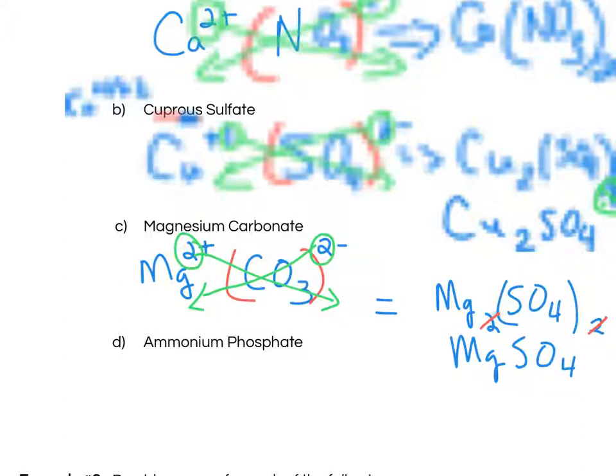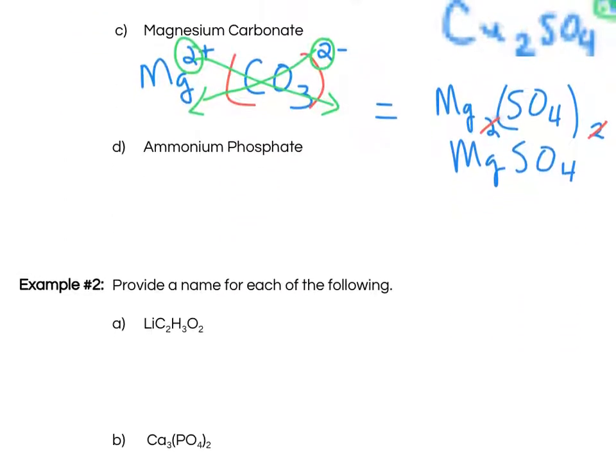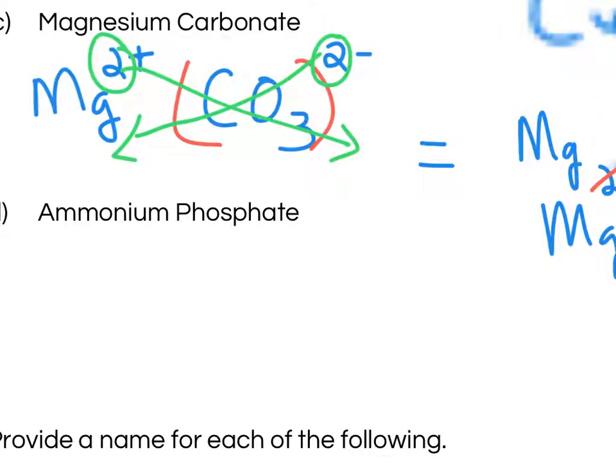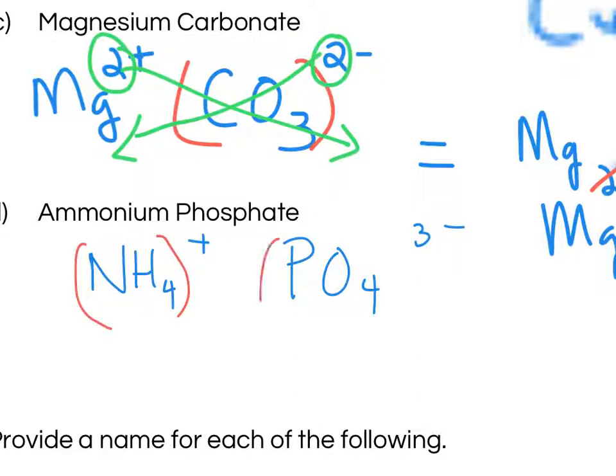Now let's look at this last example here. I'm going to move it up a bit and get to it. So ammonium phosphate. Ammonium is not on the periodic table either. It is on my list. And so when I look on my list, I see that ammonium is NH4 with a positive 1 charge. And phosphate is PO4 with a 3 negative charge. I'm going to put brackets around both of them in this case because they both happen to be polyatomic ions.